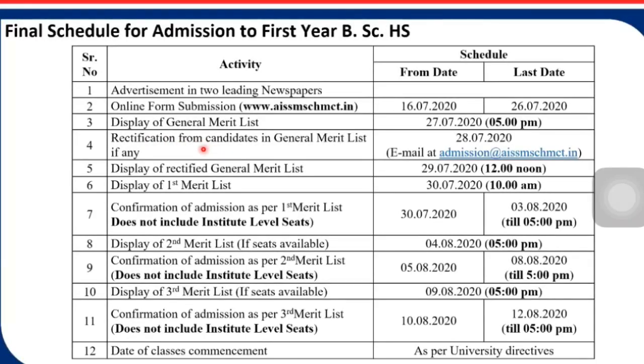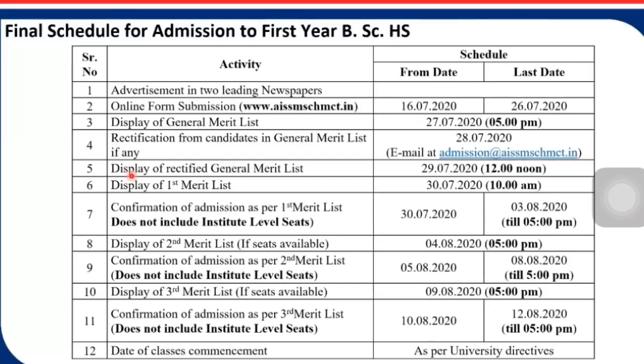In this merit list, there may be rectification necessary. If any candidate feels that there is a need of rectification in the general merit list, the candidate should mail the rectification on admission@aissmschmct.in. Once the rectifications are done, the rectified general merit list will be put up on 29th July 2020 by 12 noon.